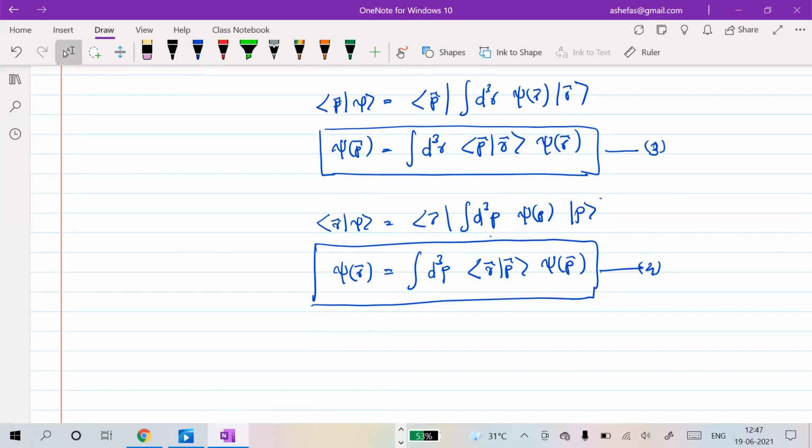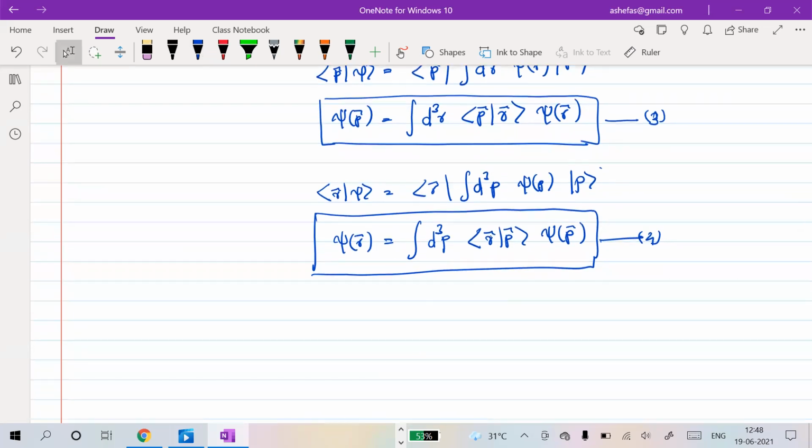Now this kind of connection is already familiar to us from the Fourier transformation. We can transform a function from one variable to another variable. For that we can take an example. Consider two functions f of p and f of r. We can connect f of p and f of r through the Fourier transform.